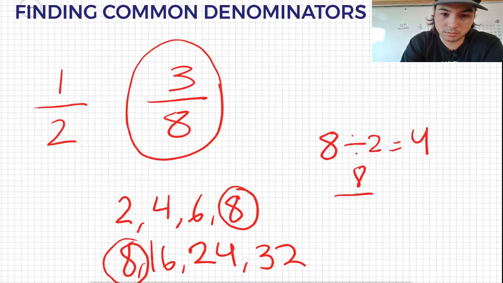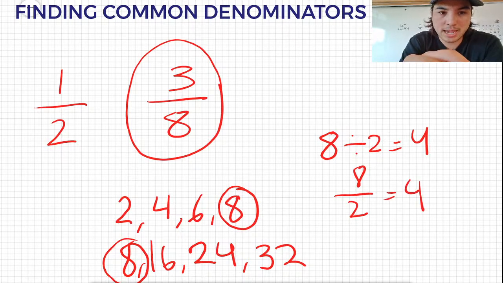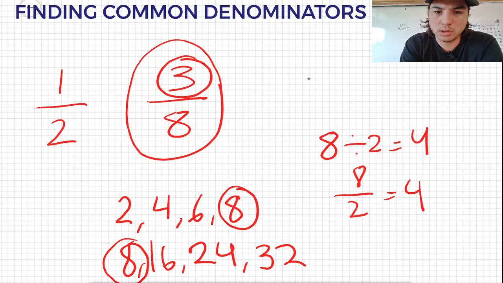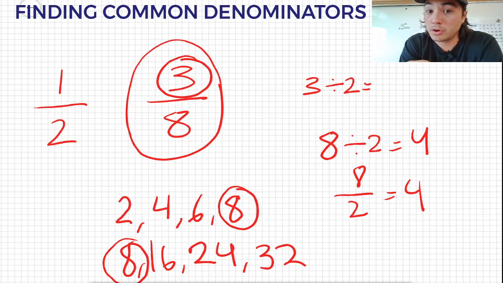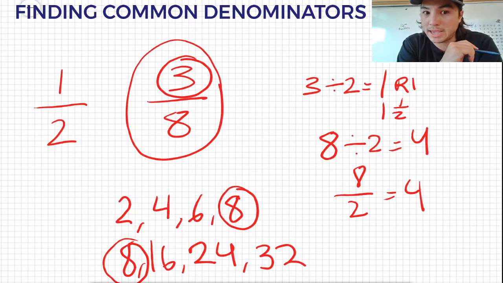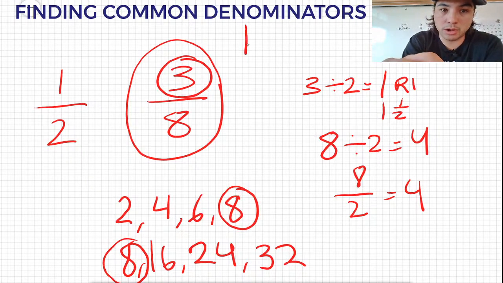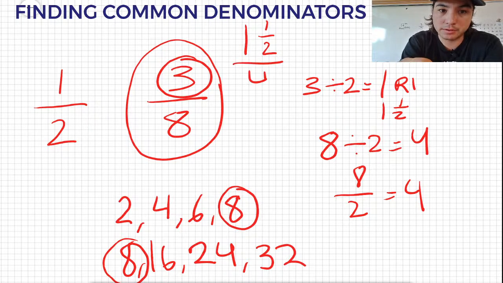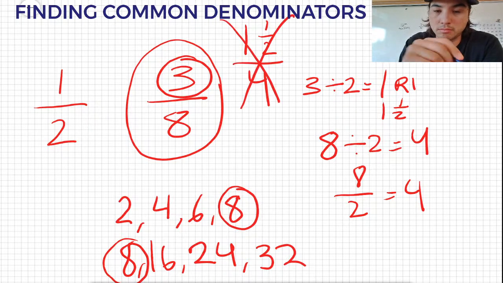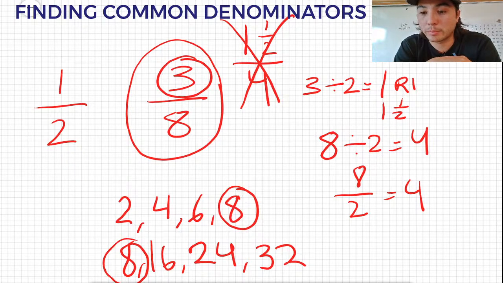But can we divide 3 by 2 equally? No, right? Because we'll end up with 1 remainder 1, or 1.5. And we can't have fractions inside fractions, like 1.5 fourths is not proper formatting there. So we need to use 1/8ths.